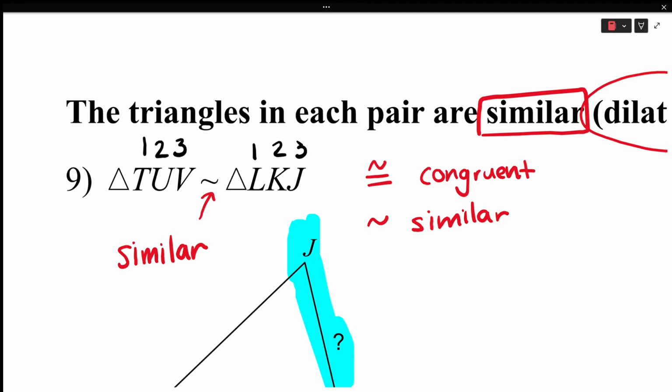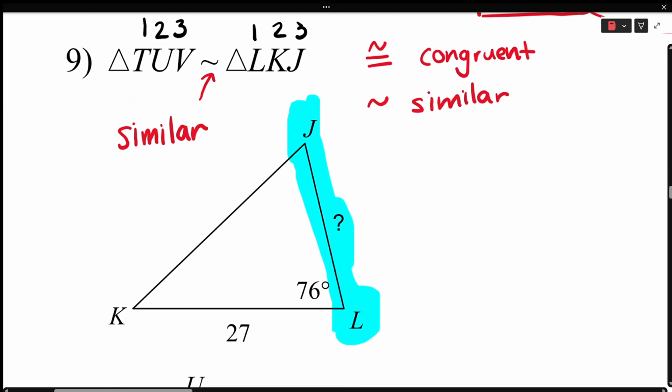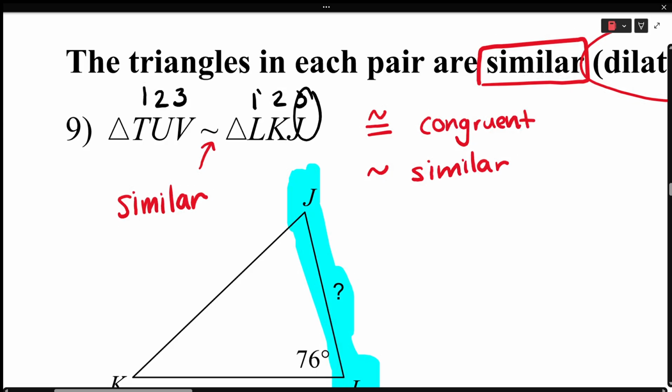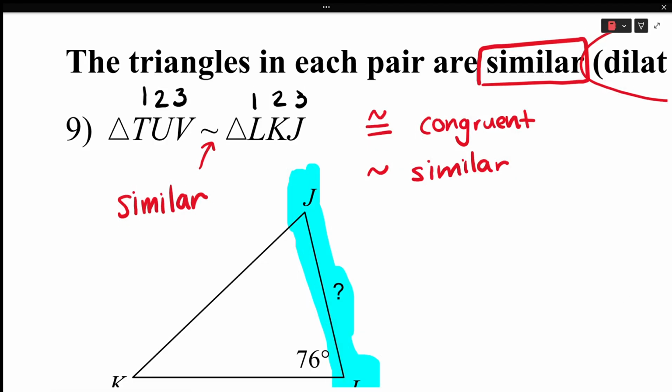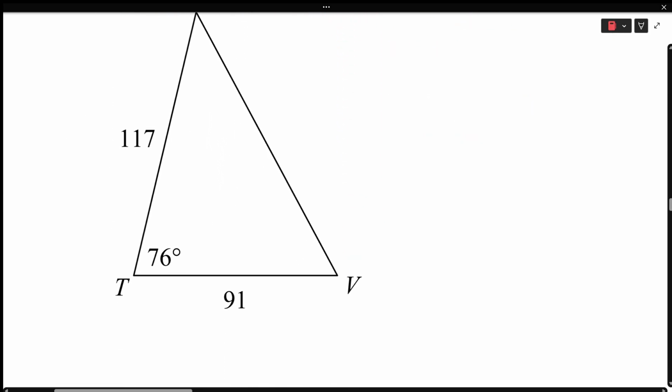I put numbers over the letters to show what order they're in. So I know JL is number 3 and number 1. JL is 3, 1, right? So that means it's corresponding to 3, 1 on the other triangle, which is TV, right?